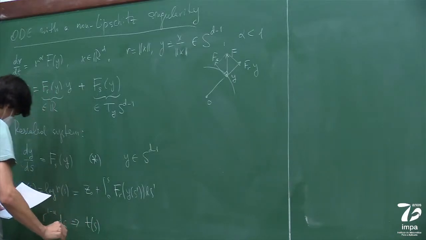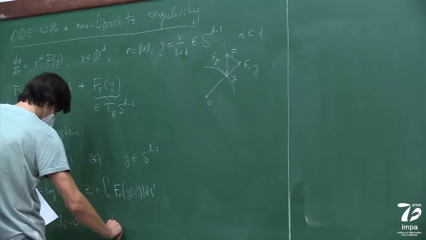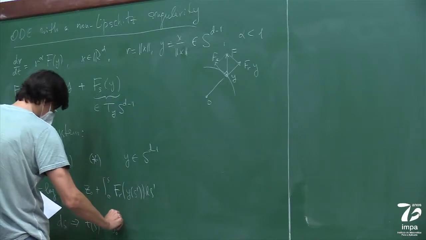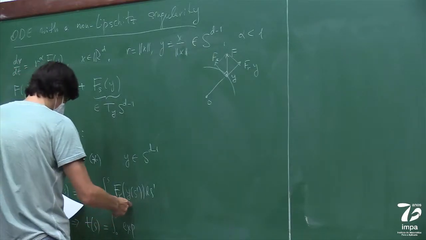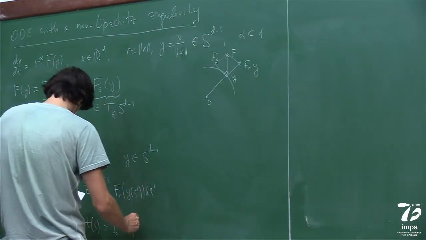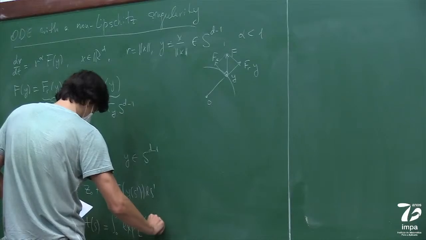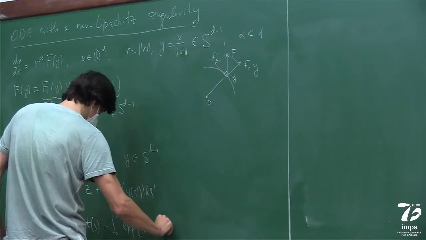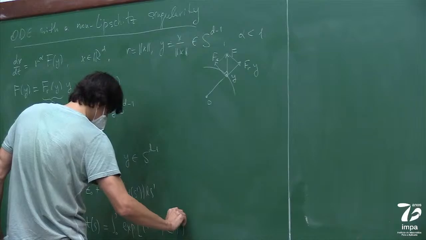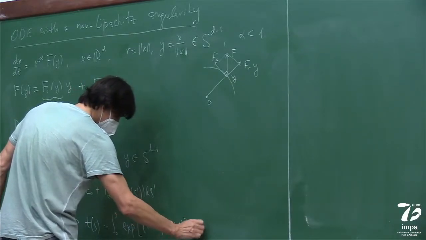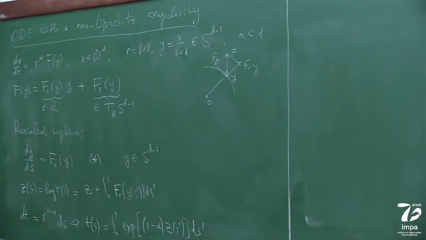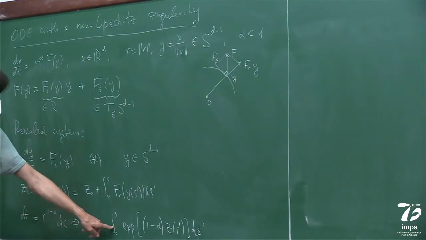So the original time is the integral of exp((1 minus alpha) z(s')) ds'. You just put r as the exponent of z and integrate, right? So this is what we get.